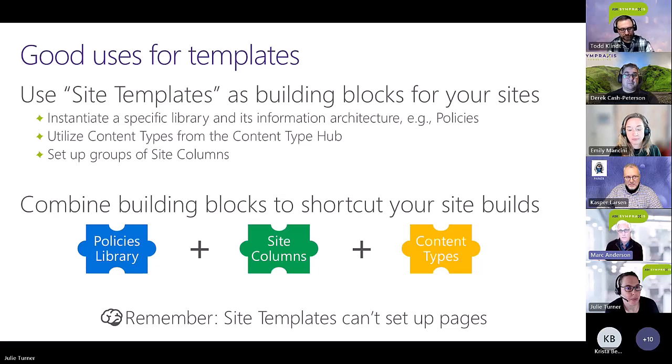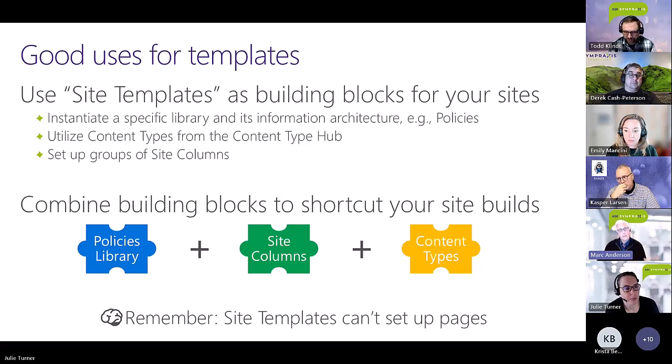So we tend to think about using site templates more as building blocks for the things that you want to add to sites over time. For example, you might decide you need a policies library in your site, and you may need a bunch of site columns, and you might like a set of content types.